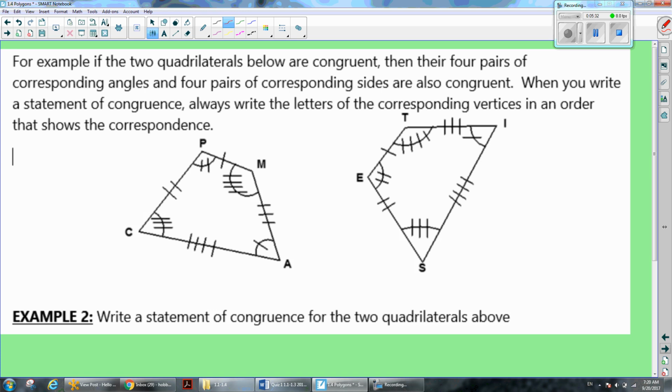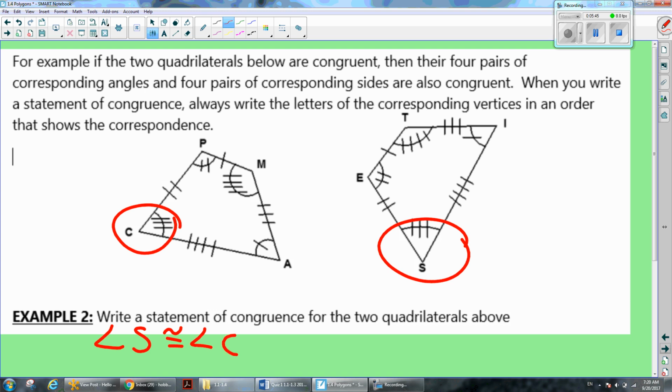So if I look at angle C and angle S, here's my congruent statement. I'm saying something is congruent to something else. Got to find those matching parts. If I look at some sides, here side MA with 3 tick marks would be congruent to side TI with 3 tick marks.